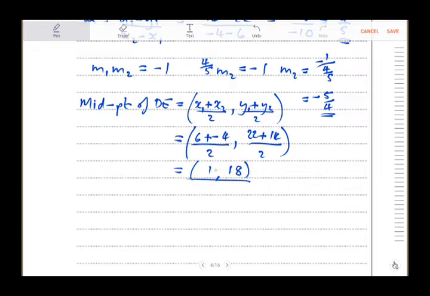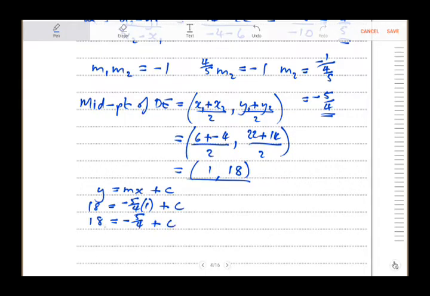So that's the point that lies on our line, because it goes through the midpoint of DE. We have the point on our straight line, and we have the gradient, and then we can use that to work out c. If I write y = mx + c, that's my x, that's my y, and that's my m. So we have 18 = -5/4 times 1 + c. So 18 = -5/4 + c.